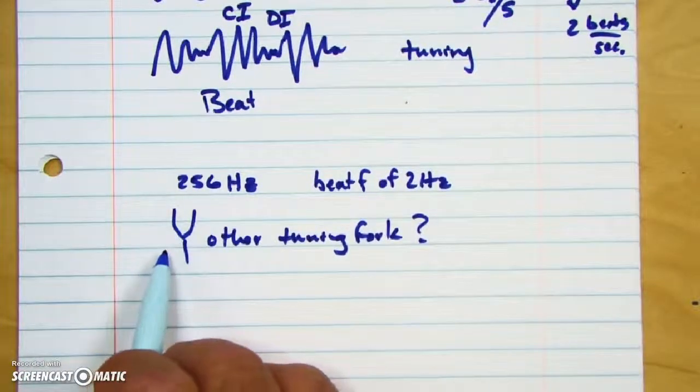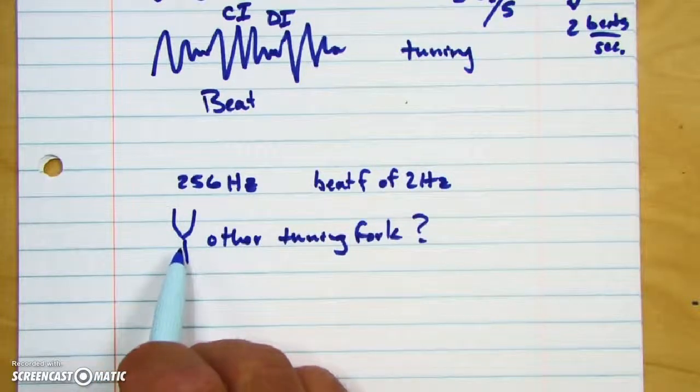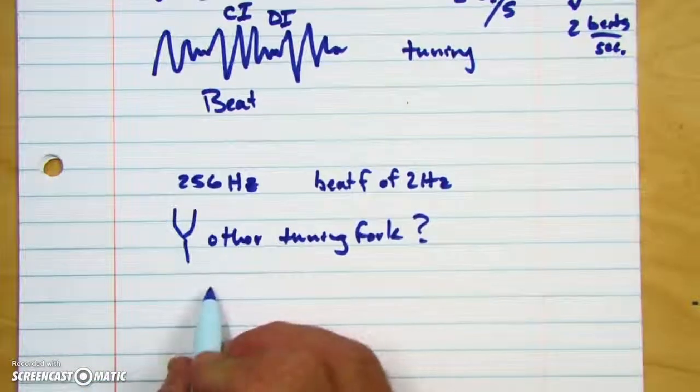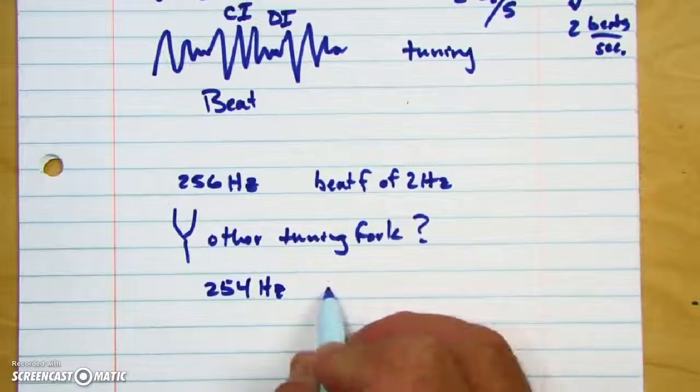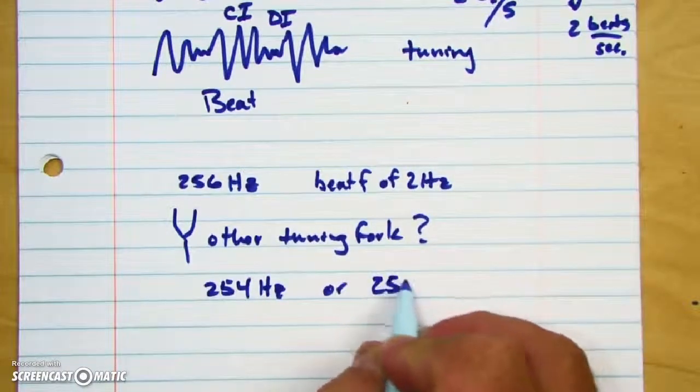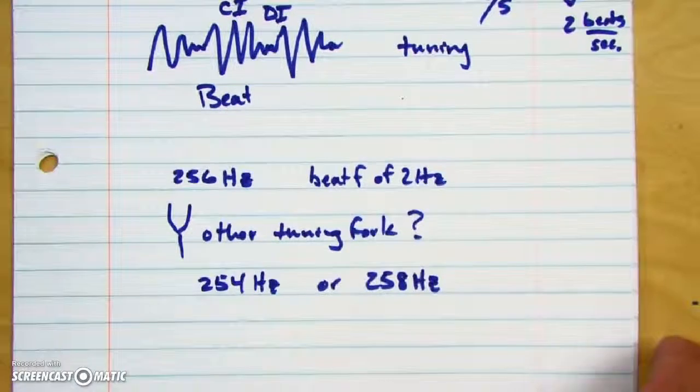This is the one I'm looking for. Well, if I have a beat frequency of 2 hertz, what that means is I can be 2 below, which would be 254 hertz, or I can have 258 hertz, which is 2 above. Can't have anything outside of that. I don't know which one of those it is. That's why trained musicians have really good ears. They can tell that.